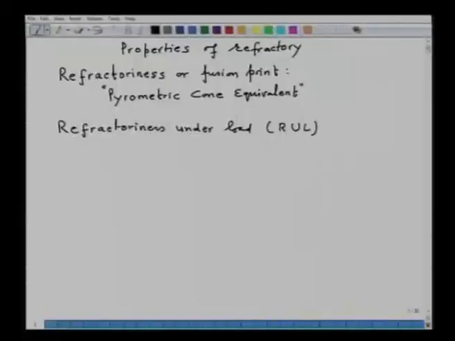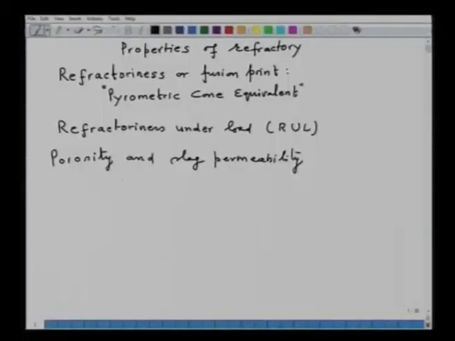Another important property is the porosity and slag permeability. Now, as you know that there are molten phases, there are gaseous phases. The phases which are in contact with the refractory material should not penetrate into the refractory, otherwise some chemical reaction will occur and the refractory may collapse.